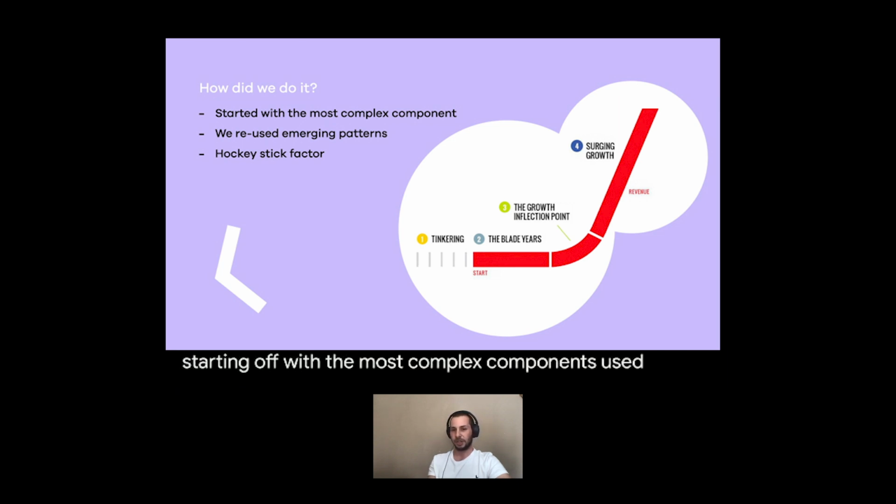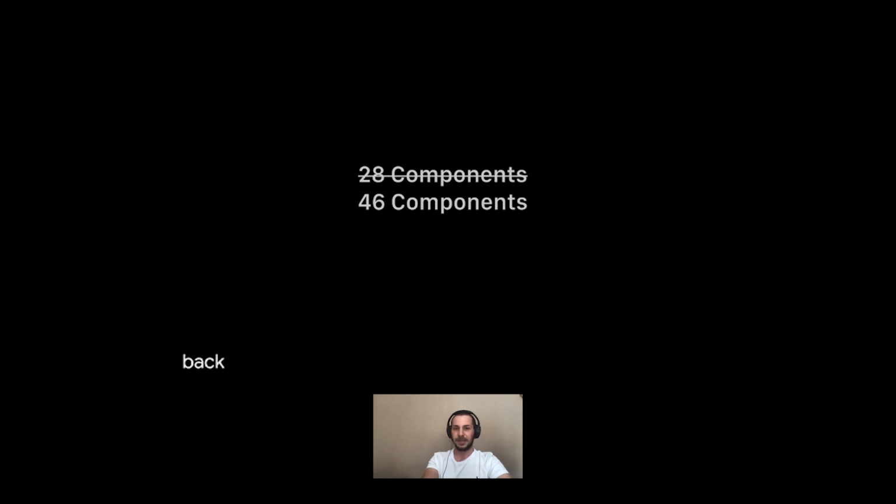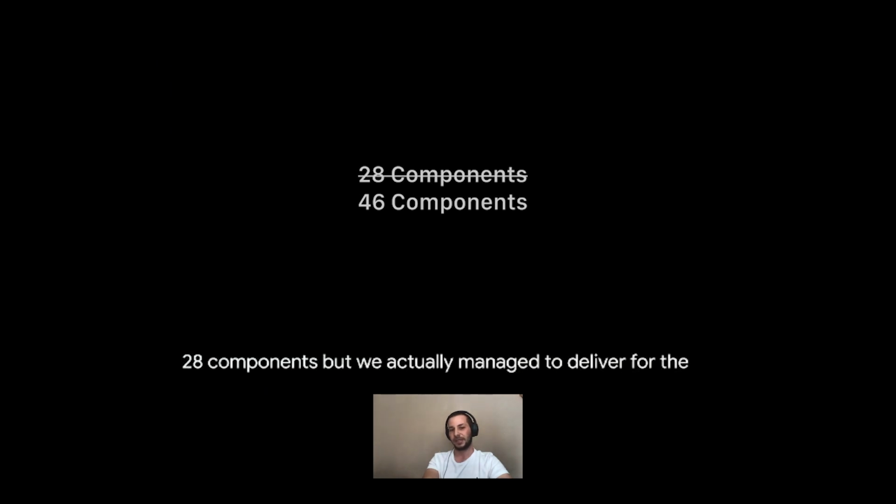We reused emerging patterns, and we followed the hockey stick factor, which typically outlines that at first we hustle a lot, and then there will be a turning point, and the turning point is where we reused emerging patterns, and that's when there was no turning back. By the end of the migration, we were expected to deliver 28 components, but we actually managed to deliver 46.